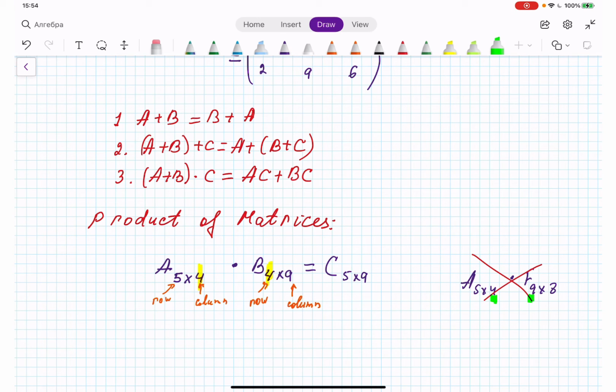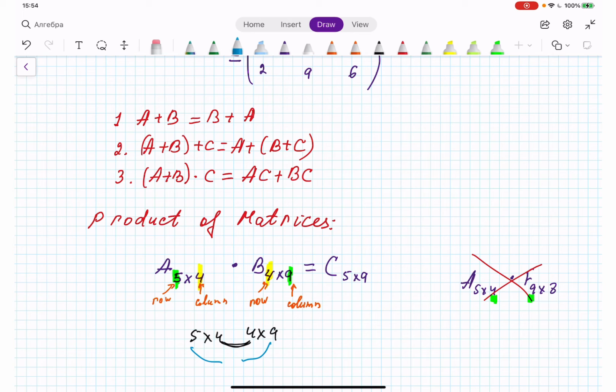This 5 times this 9. So this is how I usually, it's easier for me. So 5 times 4 and 4 times 9. So inside numbers has to be the same, and result is going to be outside measurement. Okay, that's how I do.